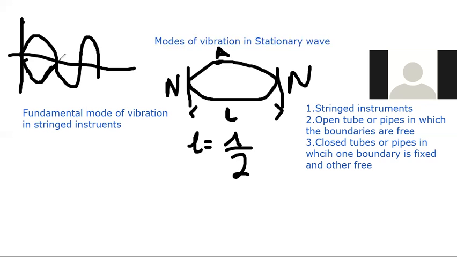This diagram is like me picking just this part. So this part is half of a wavelength. The length, the distance between the two nodes, is equal to half the wavelength. So we can say that the wavelength is equal to twice the length. That's mathematically.